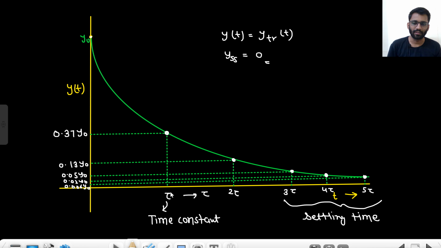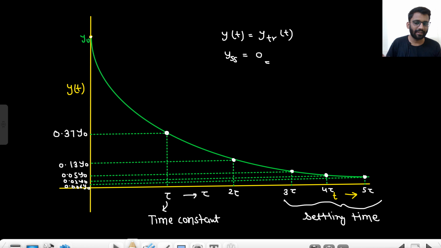And if my tau is 2 seconds, my settling time would be 10 seconds. If my tau is 1 second, my settling time would be 5 seconds.